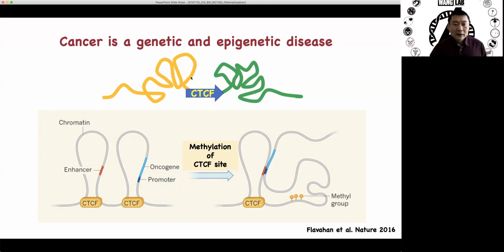So here, the chromatins form topologically associated domains separated by domain boundaries, usually bound by CTCF, which is actually a methylation-sensitive protein. So here, in normal situations, CTCF binding sites are unmethylated, so CTCF can bind here. These two domains are separated, they're doing their own business, they don't talk to each other, right?